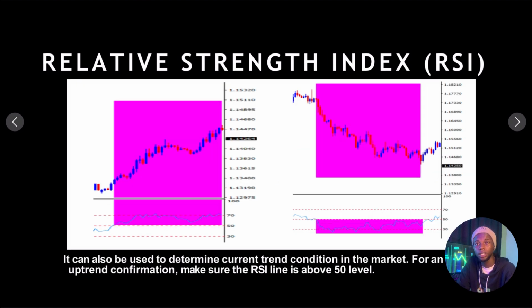The RSI can also be used to identify the uptrend and the downtrend. For example, if you plot the RSI, you can also add another level, which is the 50 level.